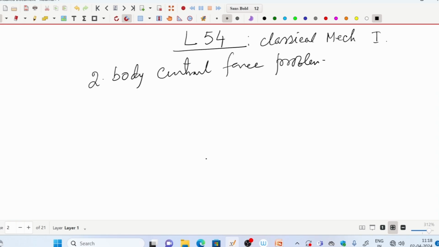Particularly in the last lecture, we were discussing Kepler's problem. So let me just recap what we were doing in the last lecture.